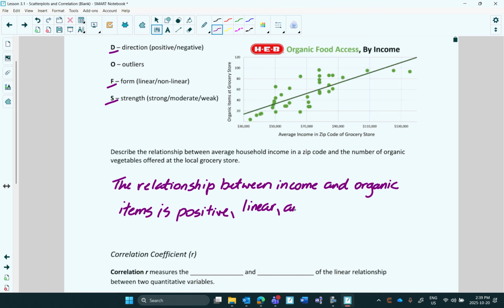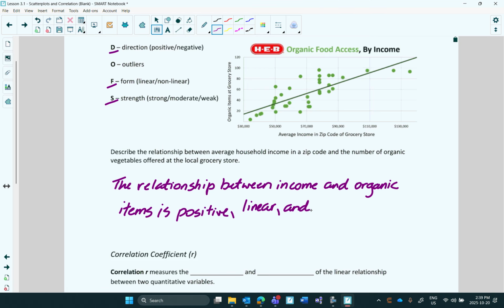And now this is where we're guessing a little bit, since there is a way to calculate it. How strong do you think it would be? Weak? Medium or moderate? Moderately strong. I mean, it's not bad.